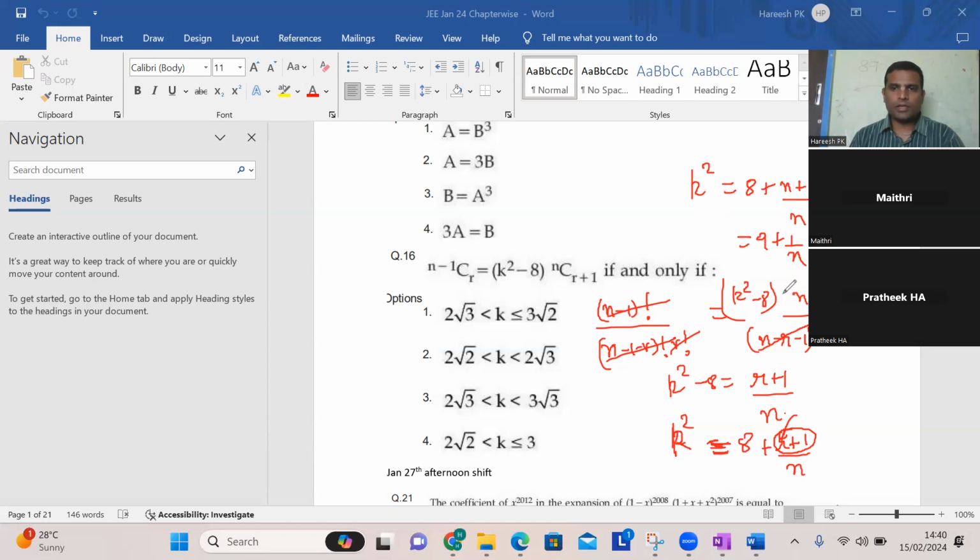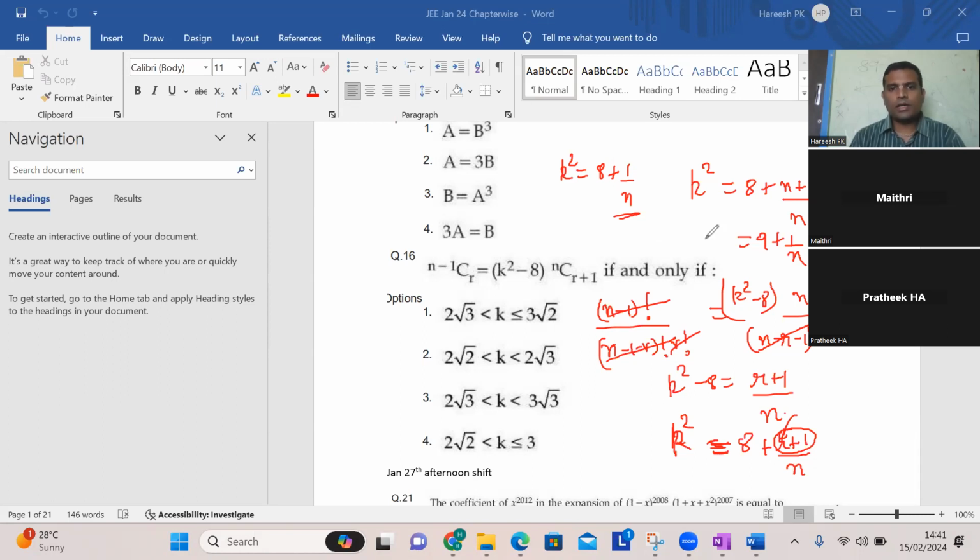Yes, sir. And the smallest value? When r equals 0, k² is 8 plus 1 by n. 8 plus 1 by n. Now, with this, how to conclude? k² lies from 8 to 9. k² should be a little greater than 8, isn't it?